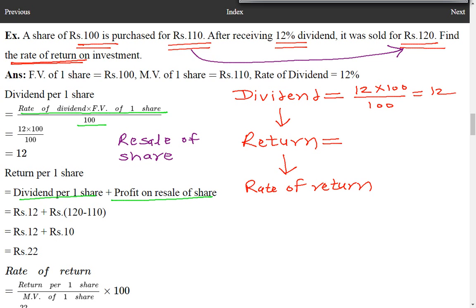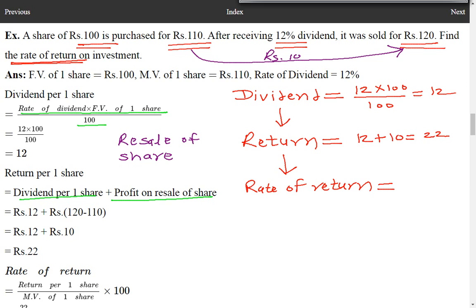So return is dividend, which is 12, and profit, which is 10 because it was purchased for 110 and sold for 120. So 12 plus 10 is equal to 22.